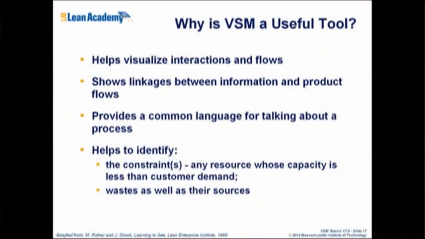So the value stream map is useful to visualize what is going on, the interactions and the flows, and gives you the linkages between your information and your product flows. Gives you a language that you can talk about with the ones who are in the group, and you can identify your constraints and capacities and wastes.